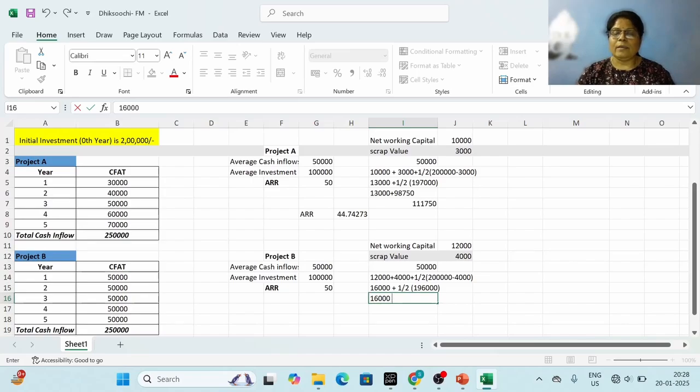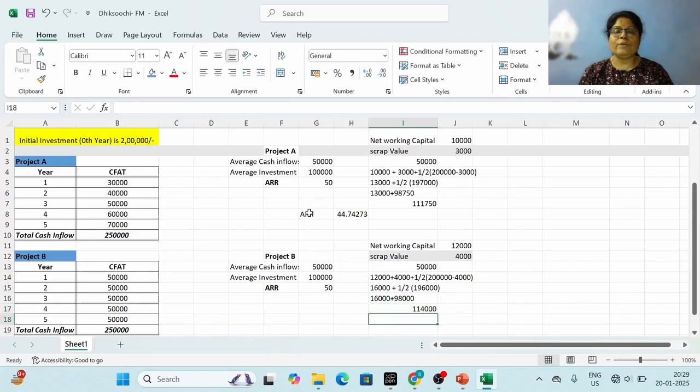So this is 16,000, and we are adding 1,96,000 divided by 2, that is 98,000. Now we are adding this 98,000 with 16,000. Then our value is 1,14,000. Yes, 1,14,000.